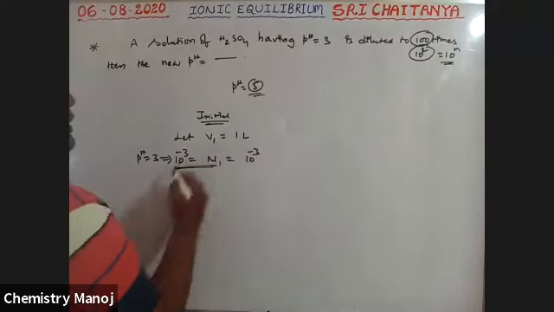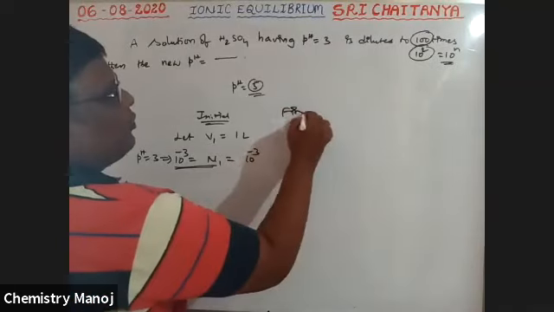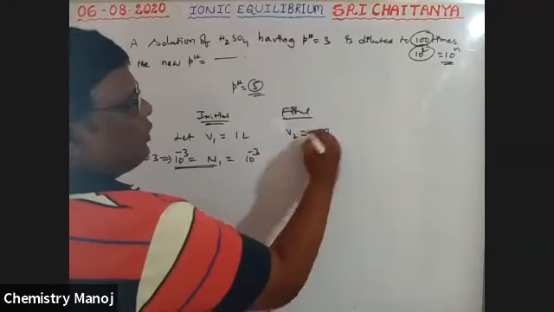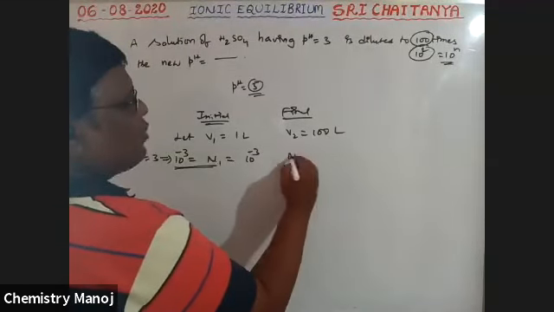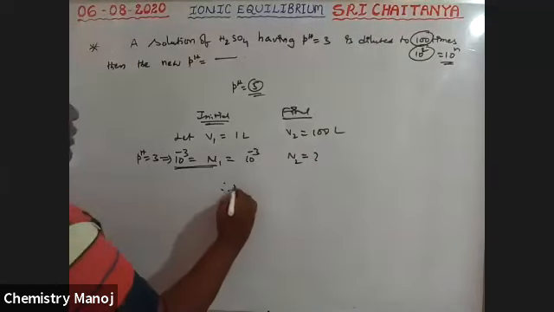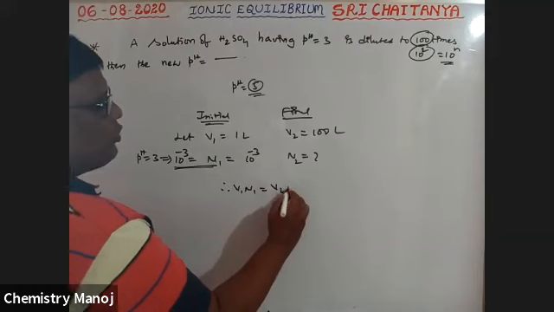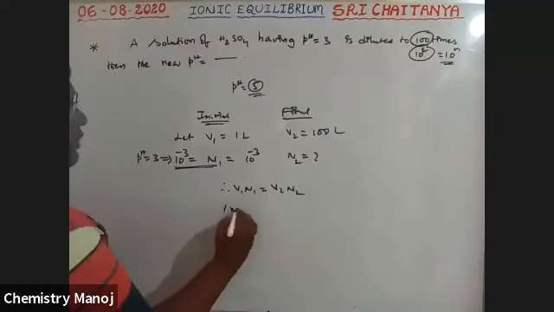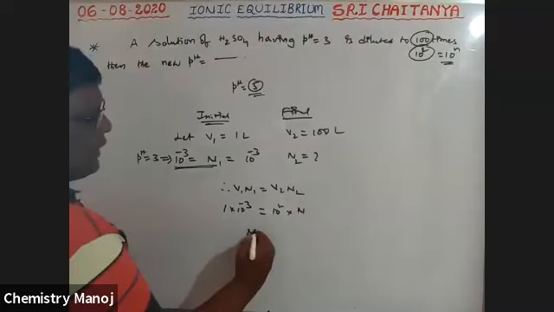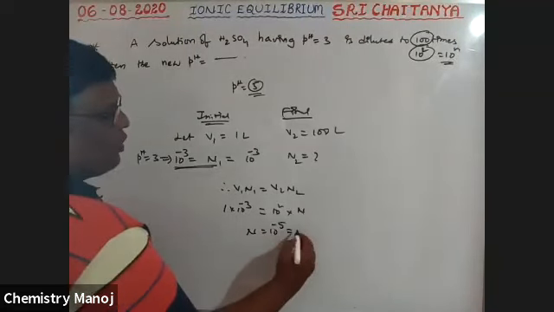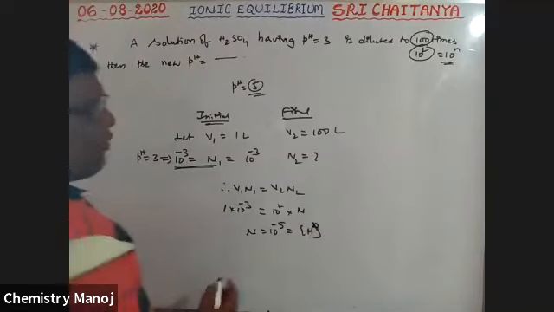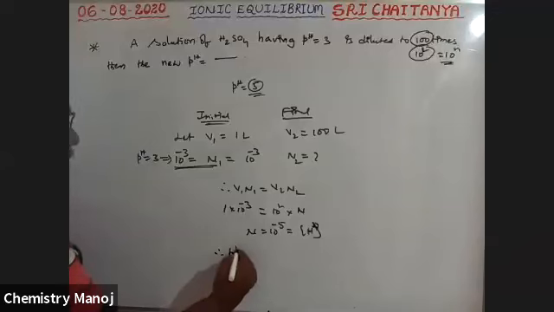Final case: volume V2 is 100 times, 100 liters. So normality is equal to how much? That is N2. Apply the formula V1 N1 is equal to V2 N2. So 1 into 10 power minus 3 is equal to 10 square into N. That is N is equal to 10 power minus 5, which is the H plus concentration in the final condition. Therefore, pH is equal to 5.